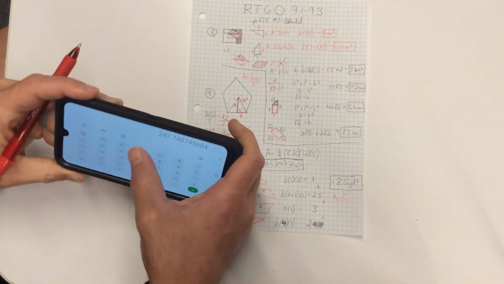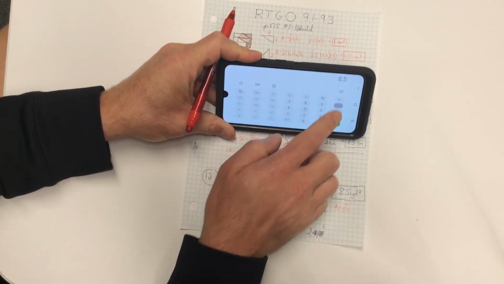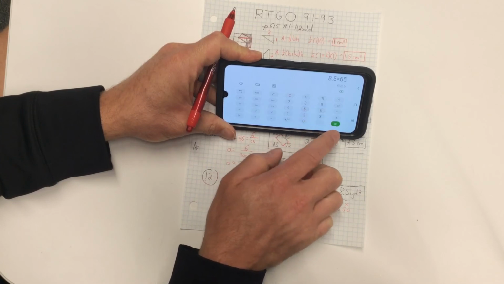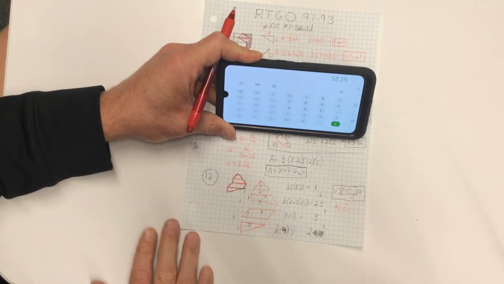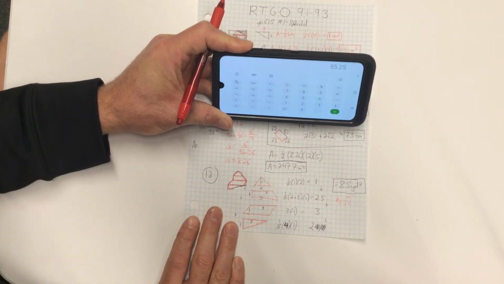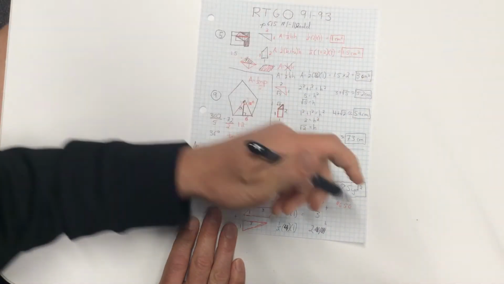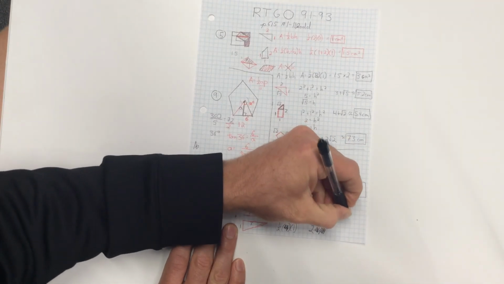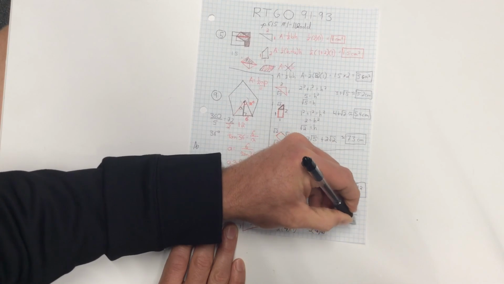So we'll crunch that out and we will be done. 8.5 times 6.5. Oops, not 65, 6.5. And so we get about $55. It says, find the cost of the grass. $55.25 is what I'm going to put. So a good deal for grass, maybe.